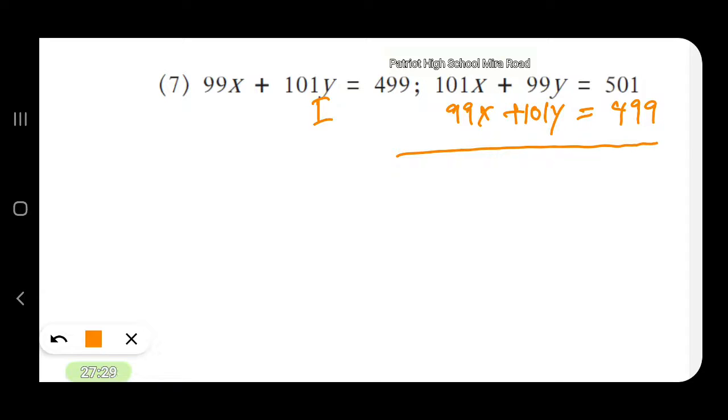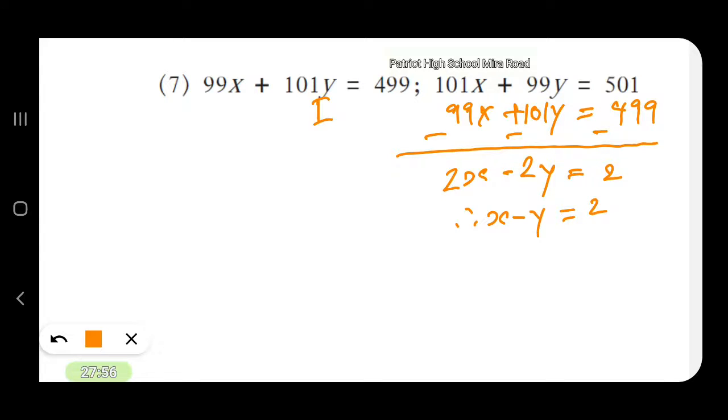Subtracting this equation 1 from equation 2, we have changing the signs. So 101x minus 99x will be 2x. This will be minus 2y is equal to 2. Therefore x minus y is equal to 2.